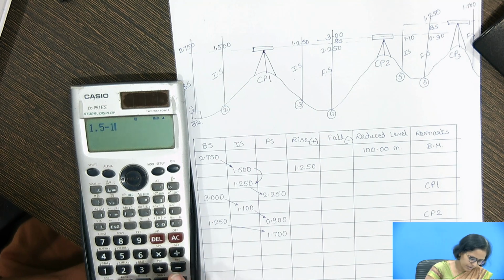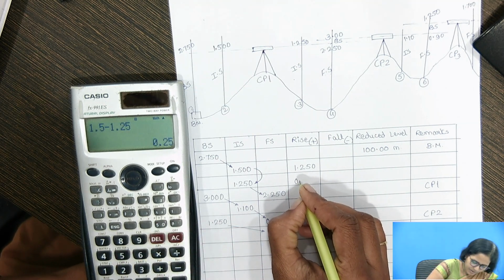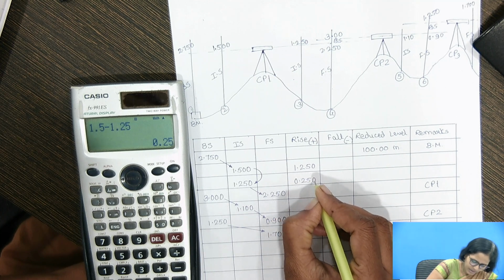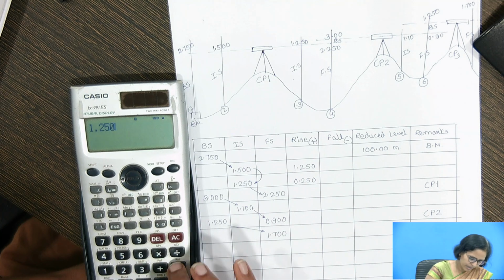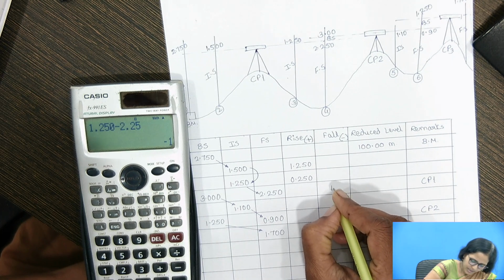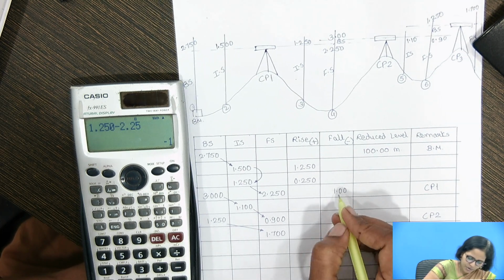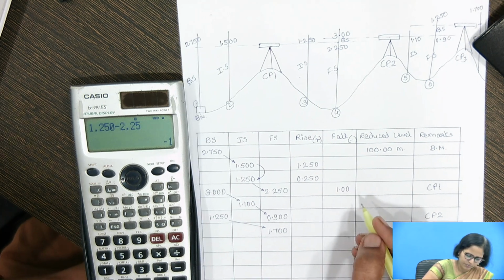1.5 minus 1.250, it's 0.25. Again a positive value, so again a rise value you got. So next 1.250 minus 2.25, it's minus 1. So in the fall, write it only as 1. Do not write the negative sign over here. So only 1. It has already been considered over there.